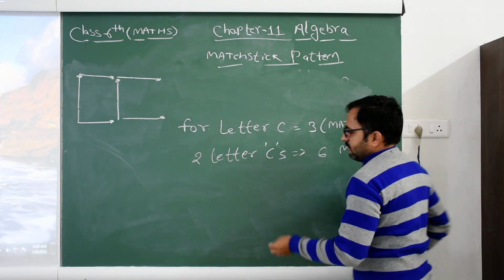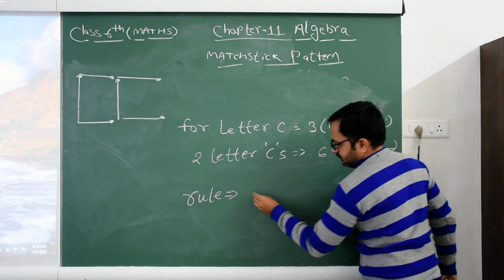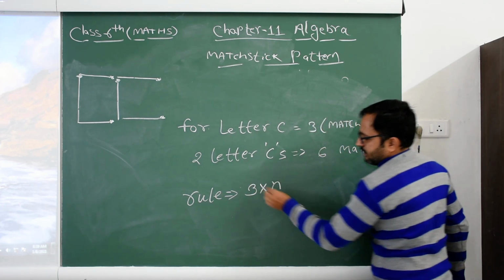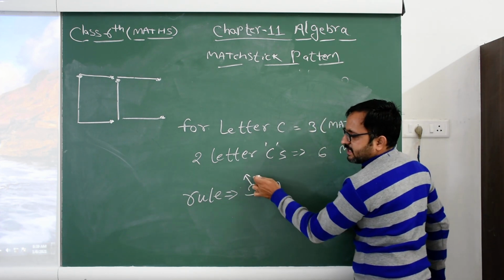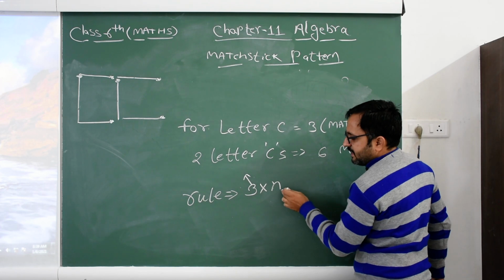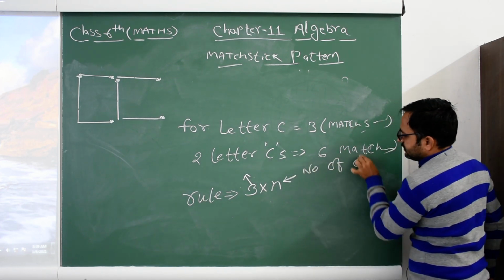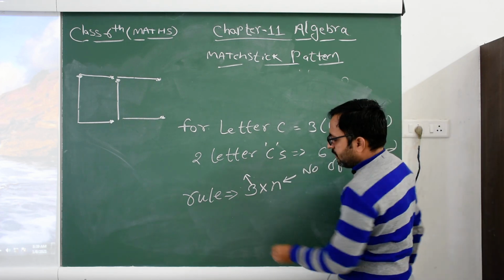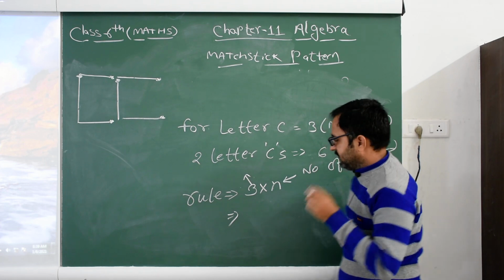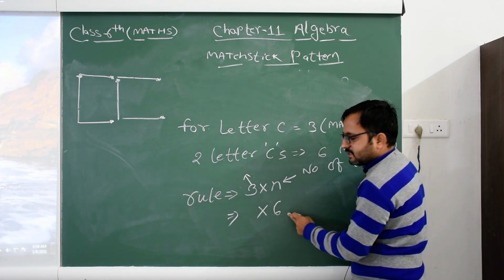So now the rule will be 3 into n. That means we use 3 matchsticks for 1 letter C, and n is the number of C you draw. Now if you want to draw 6 letter C, n will be 6.